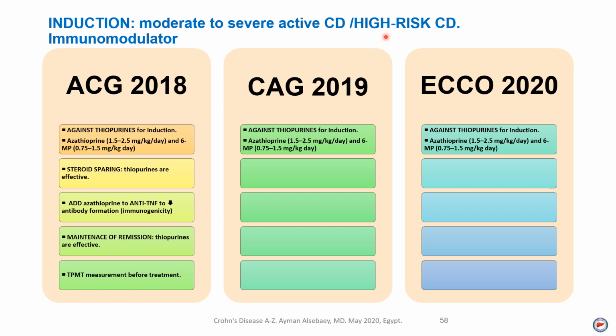We can give immunomodulators with the anti-TNF to decrease the immunogenicity, the anti-drug antibody, this is very important, or we can use them for maintenance only. But the ECG has recommended to measure the TPMT before giving the drug to avoid drastic leukopenia, okay?